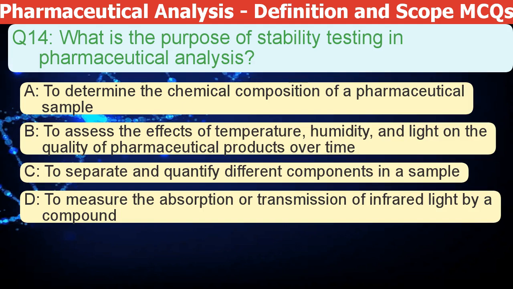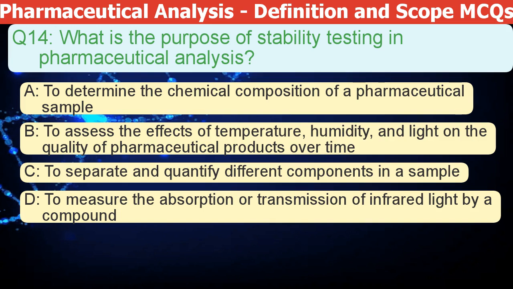What is the purpose of stability testing in pharmaceutical analysis? A. To determine the chemical composition of a pharmaceutical sample. B. To assess the effects of temperature, humidity, and light on the quality of pharmaceutical products over time. C. To separate and quantify different components in a sample.